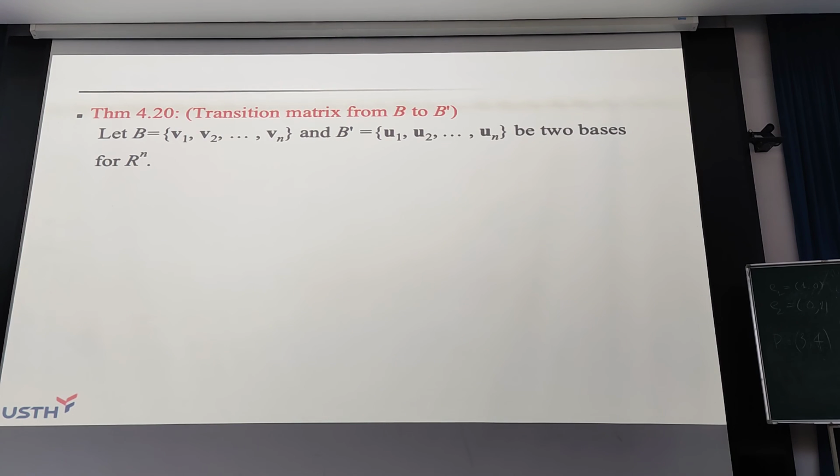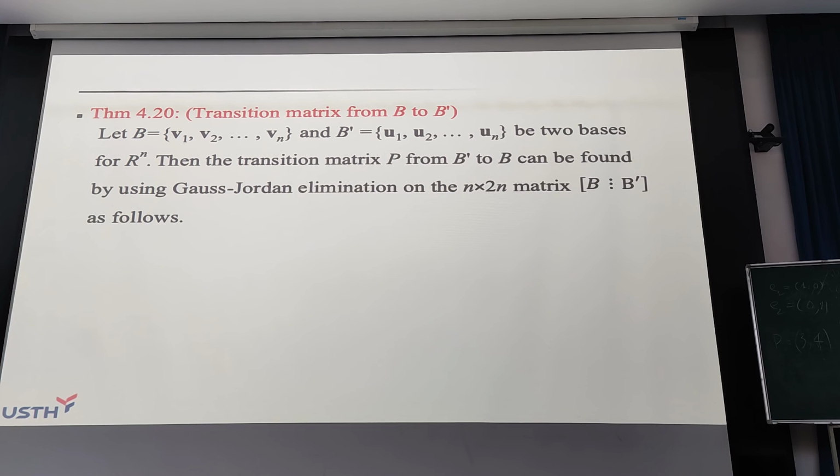Now we say something about how to find the transition matrix from B to B prime. Suppose that you are given B to be that one and B prime to be that one. They are two different bases for the same space, and here we consider only R n.